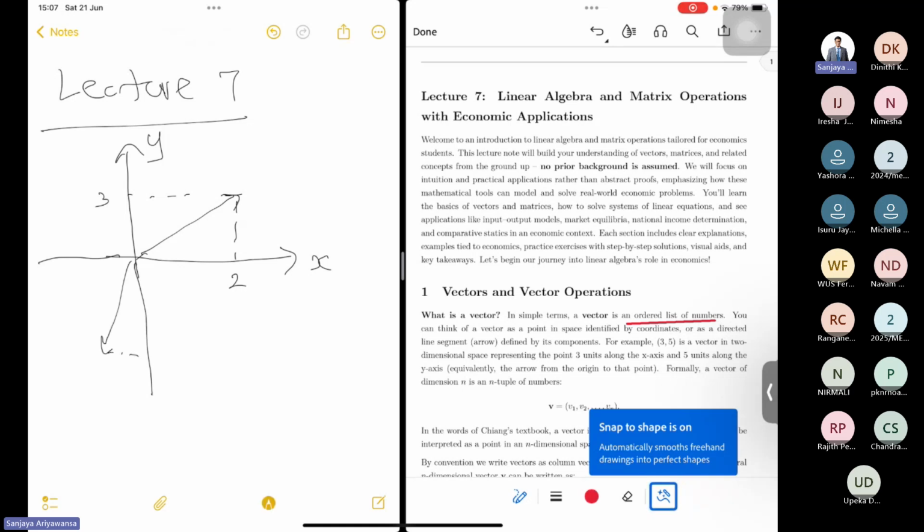For example, here we have, let's say, 4 on the y-axis, and on the x-axis we have, let's say, -2. So this would be a vector denoted by -2, 4. This would be a vector denoted by 2, 3. The first part is the x-axis. The second part is the y-axis. So that's a vector.